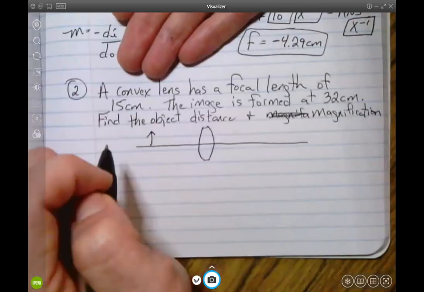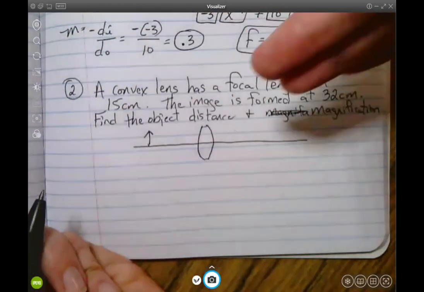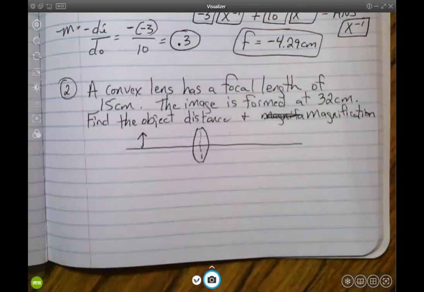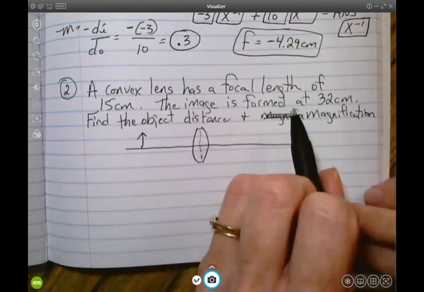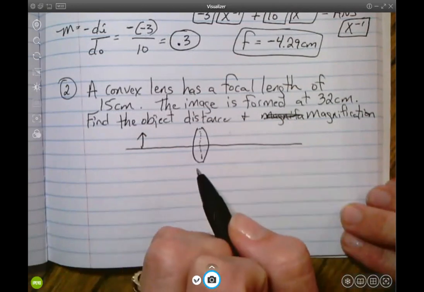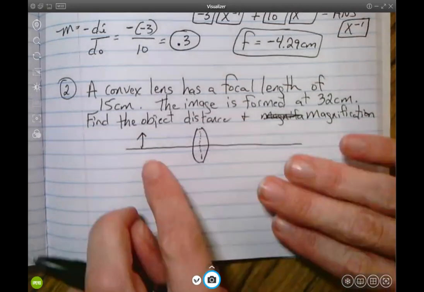Now, the first thing that we do, as you know, is we're going to bisect this lens, not, oh, the focal length. Oh, wait. We don't really know where the focal length is in relation to the object.